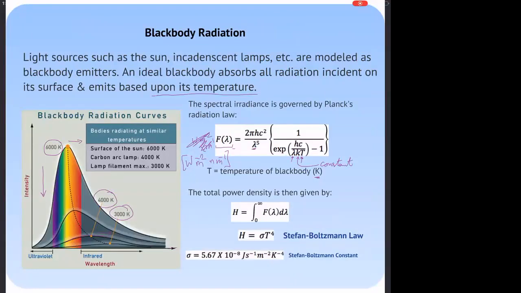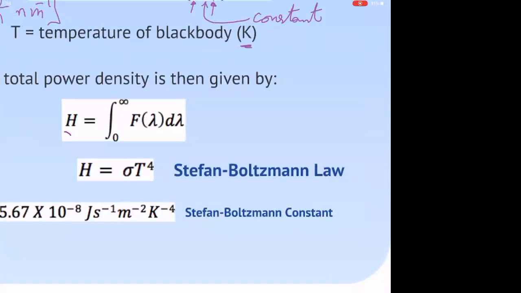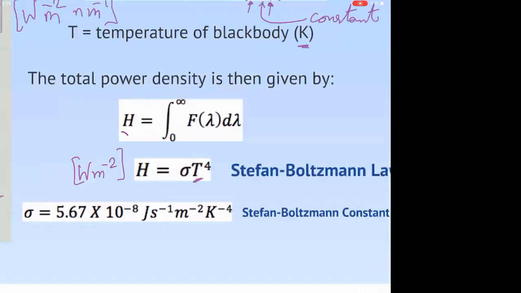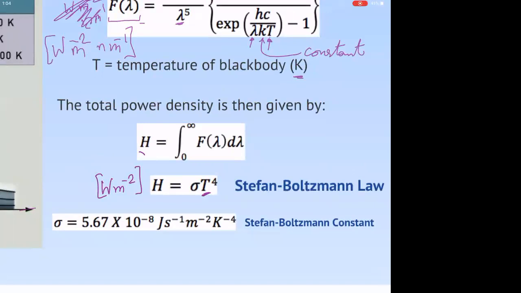Now, of course, to get H, all you have to do is do the integral, which we just talked about, right? In this case, you're integrating over all the wavelengths, so 0 to infinity. If you do this integral of this complicated equation, you get a very simple expression, which is referred to as the Stefan-Boltzmann law. H is sigma T raised to 4. This is very nice, because what it's saying is that the power density, which is watts per meter squared, of a black body is only dependent upon T. Sigma is a constant shown here called the Stefan-Boltzmann constant.